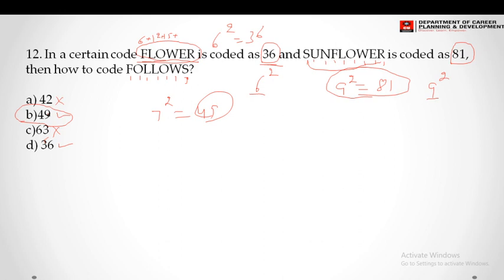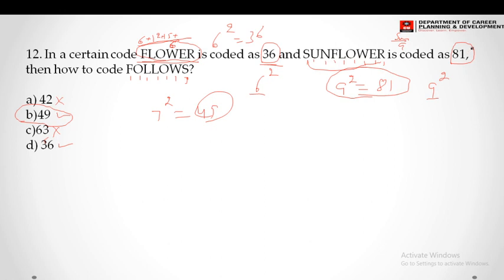And in some questions they can solve through, for example, first the sum of the positions of these alphabets, then divided by 6, meaning average. So maybe in some questions it is given in this form, to divide by 6, and in this question they add all the positions of these alphabets, then divide by 9, sum divided by 9. So this is different from number to number, but in this case it is not possible.